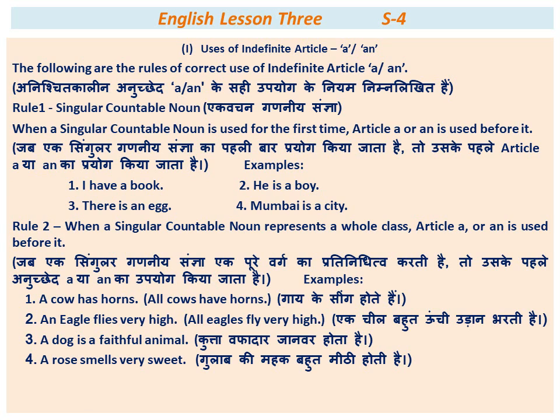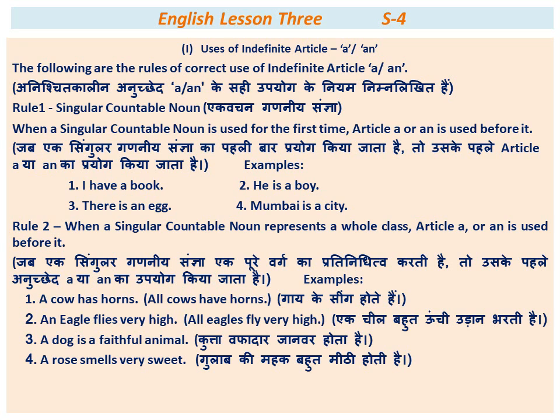So friends, here a and an articles are used according to the meaning and rule 1 of the kind of article sentences. I have a book. Here a is used as an article because book, spelling b, starts with a consonant.